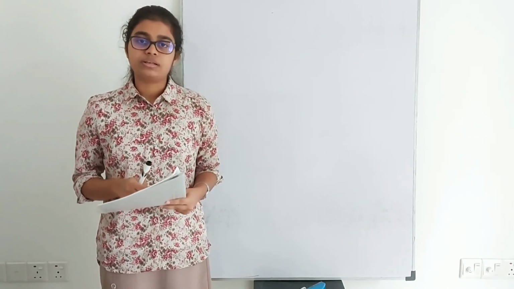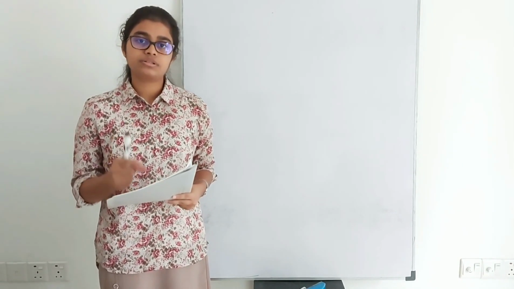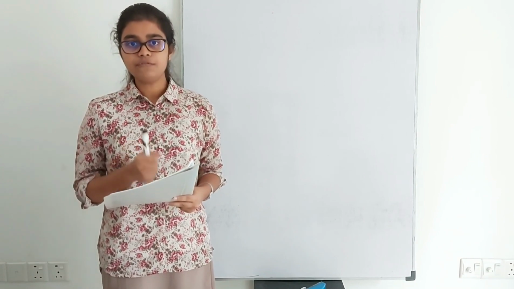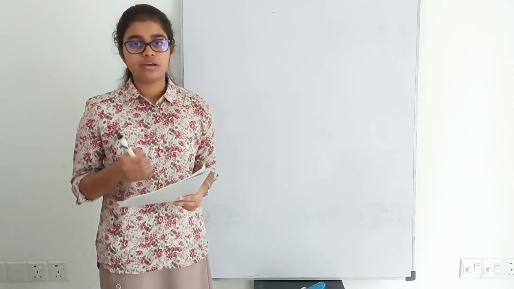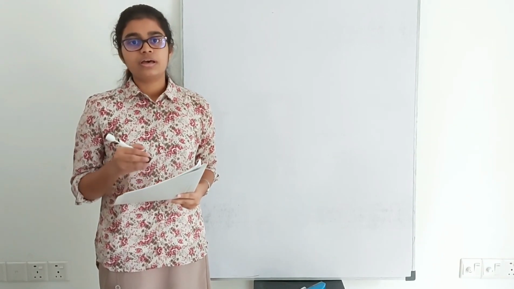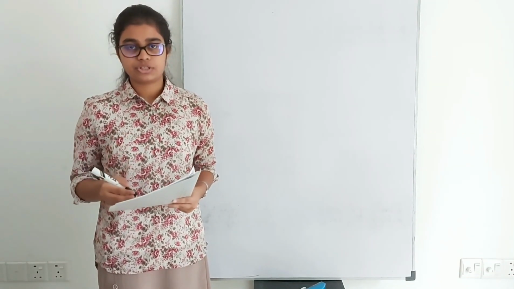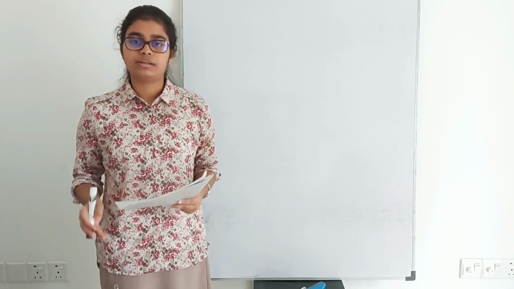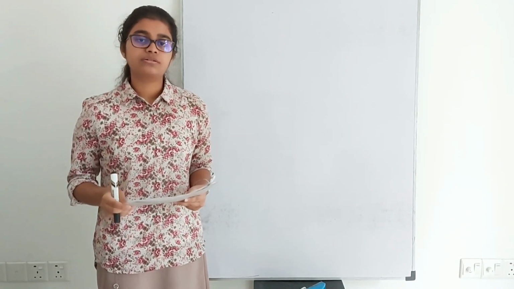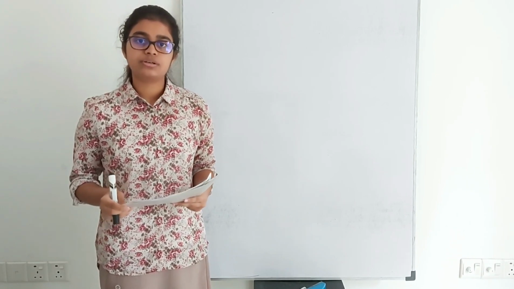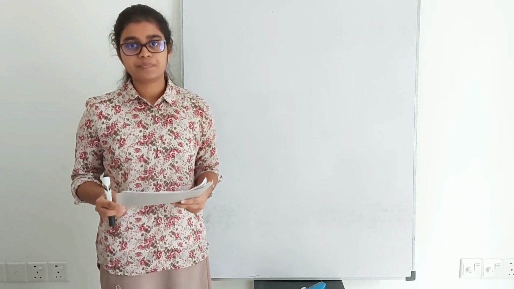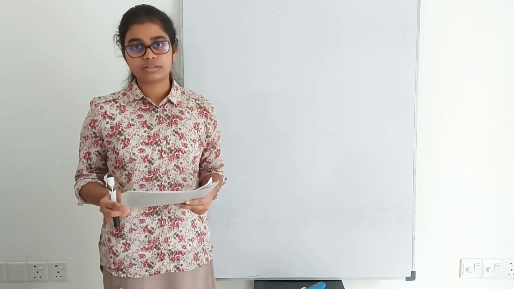Before starting the lesson, I will give you a small summary of the things you are going to learn today. The first part, in conservation, we are going to talk about the principal goal of conservation and the 2 types of conservation methods: in situ conservation and ex situ conservation. In the second topic, global warming and climate change, we are going to define what climate change is and how it affects.